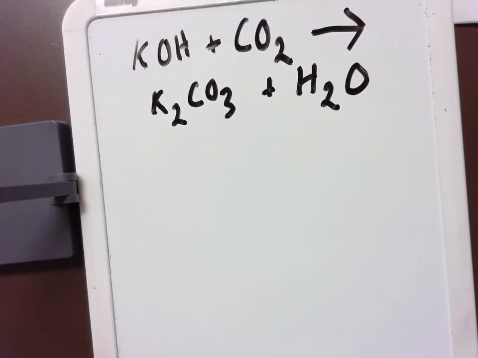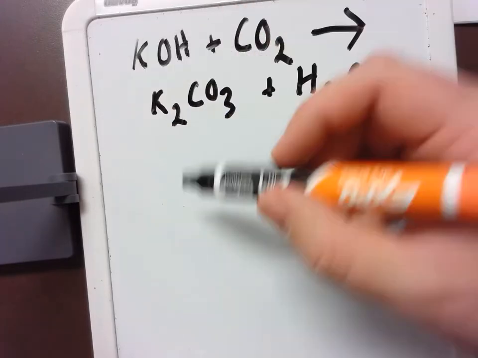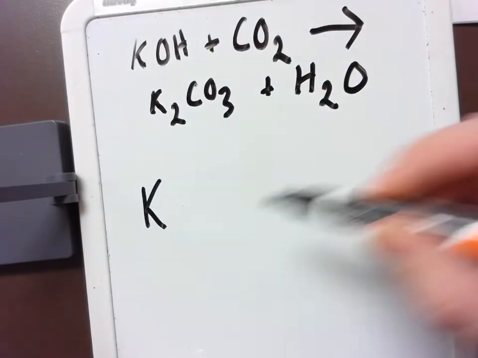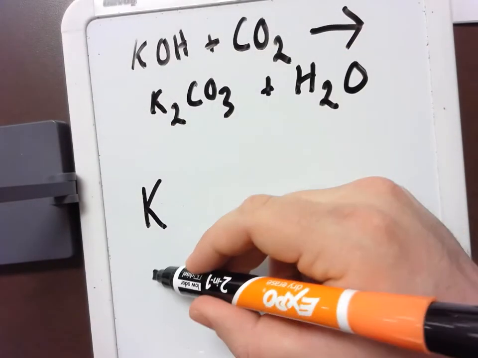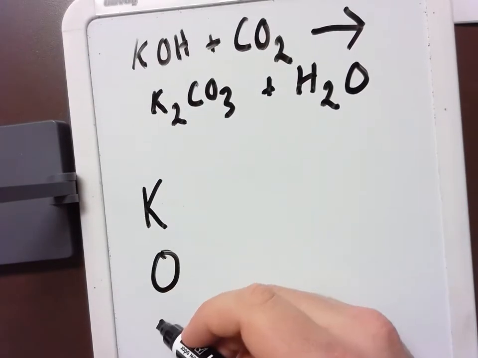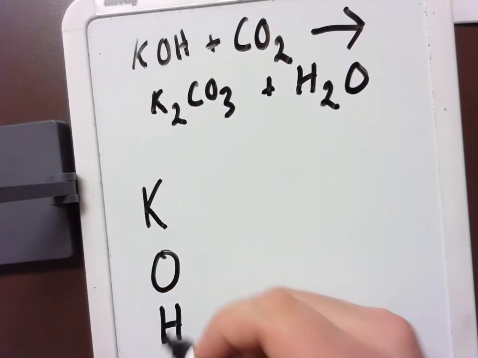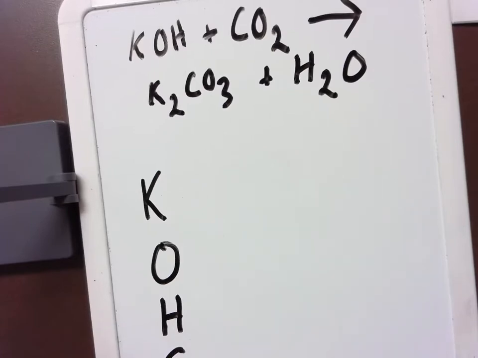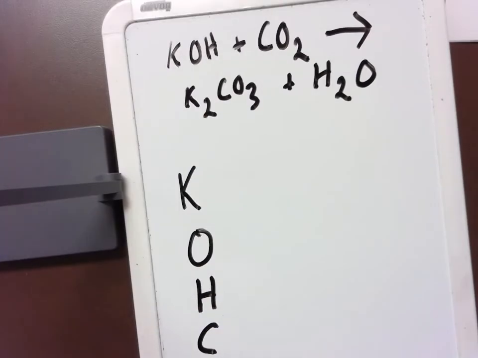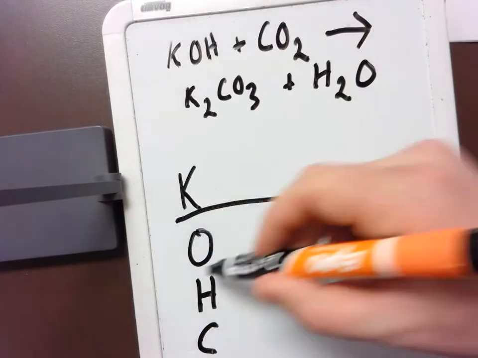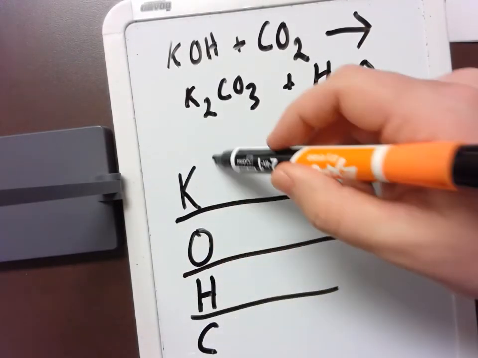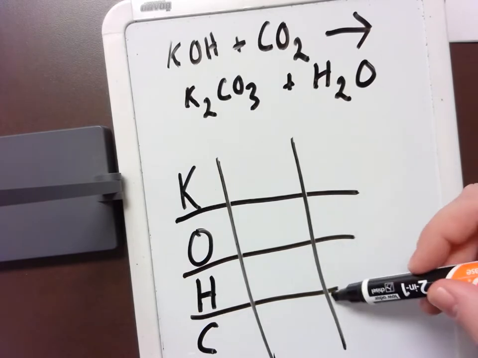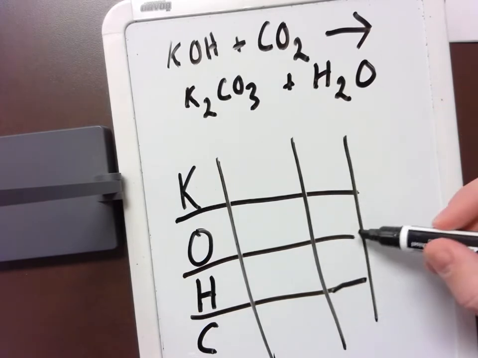So now we need to find out our different ones. So we have K, our different elements, that is. We have O, we have H, and we have C. So if we make our rows and our columns, now we count up on each side.